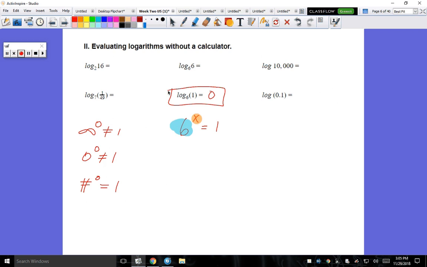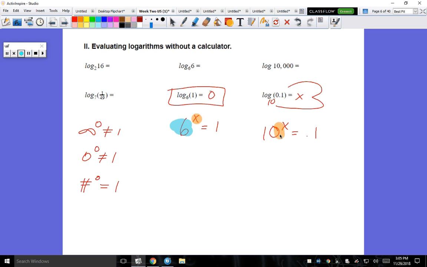Now this one has a common base of what? 10. So we have 10 to the power of x is equal to 0.1. Any volunteers? What should I do from here? Okay, this is a good mistake, and I'm going to give him participation points for this.